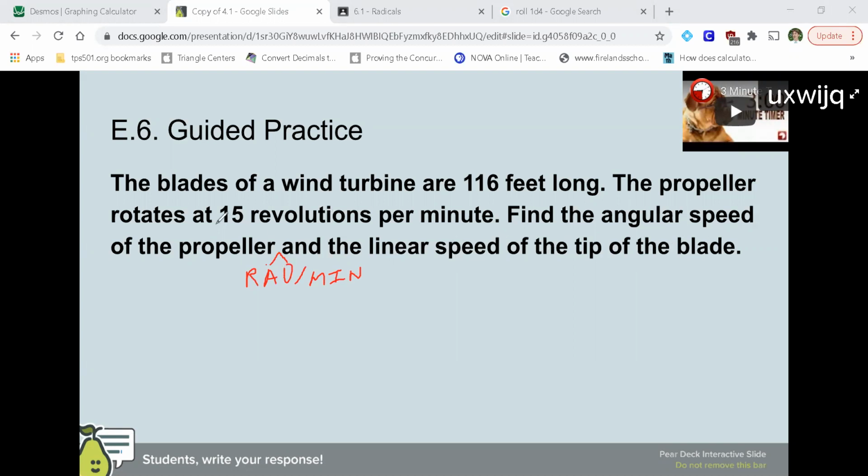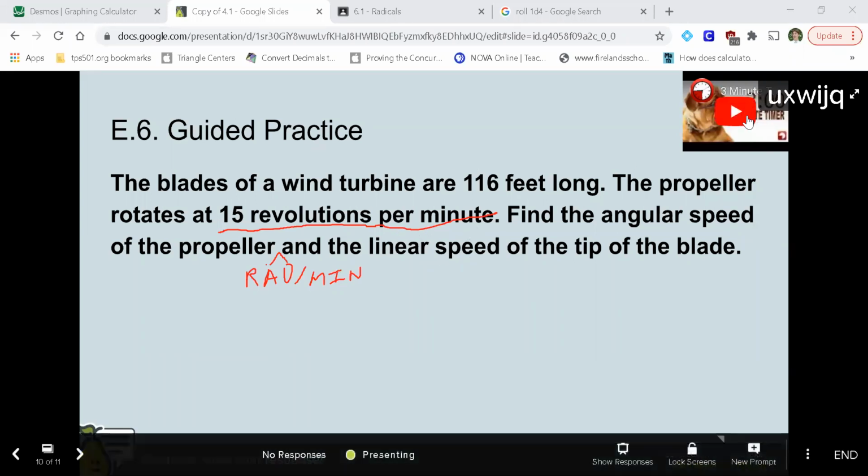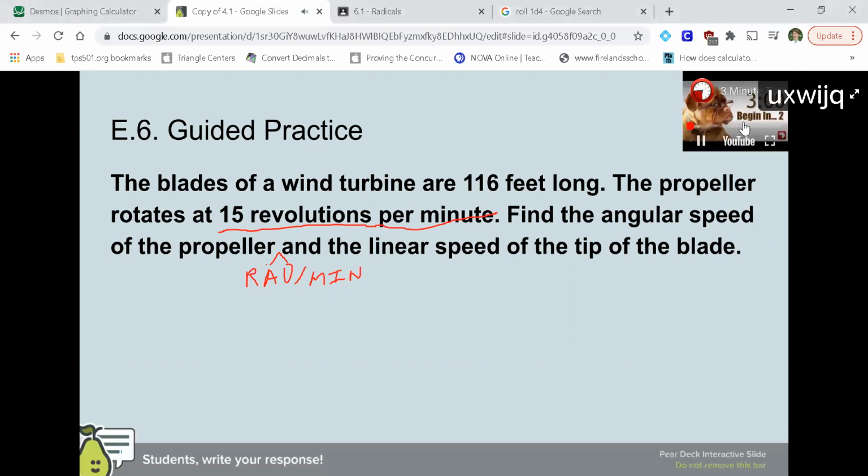So this first part is just convert how many radians per minute is 15 revolutions per minute. And then once you have that, find the linear speed. I'll give you 3 minutes. And then we'll check back and see if you need more time, because you might.